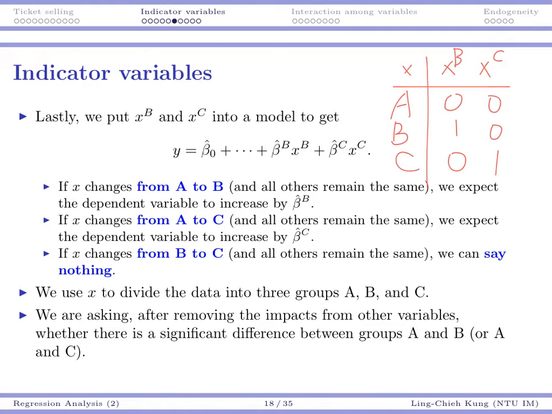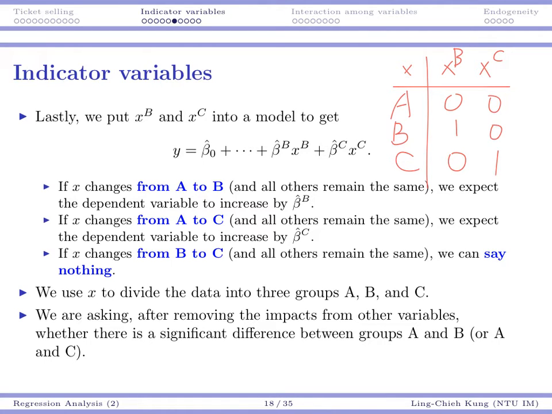So when we have a qualitative variable, this is already the best thing to do, but still there is something that we cannot explain. We can have a reference level, and we can know what's going to happen if we deviate from the reference level. But among those non-reference values, we can say nothing.